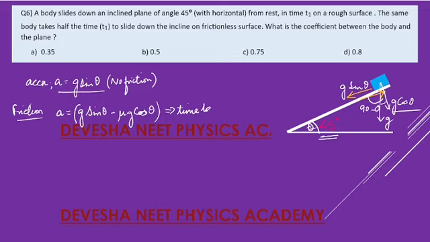Time taken equal to t1. Then if there is no friction, the time taken to fall from the top is equal to t2, and t2 is equal to t1 by 2. It is given that it takes half the time here.